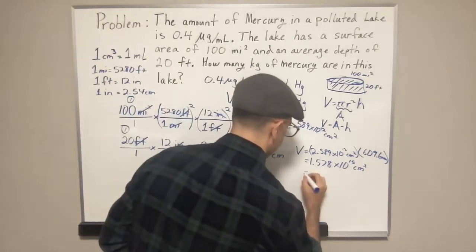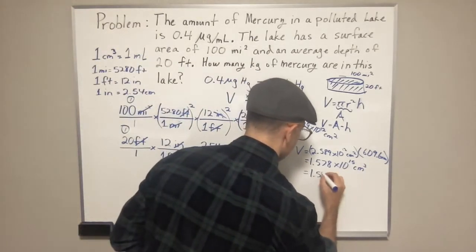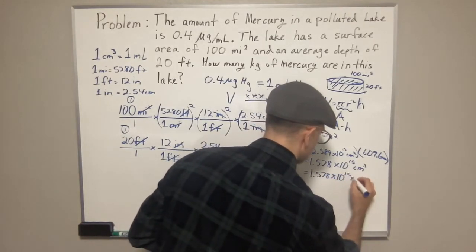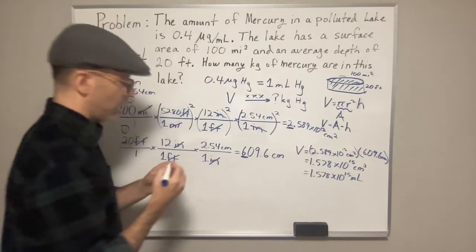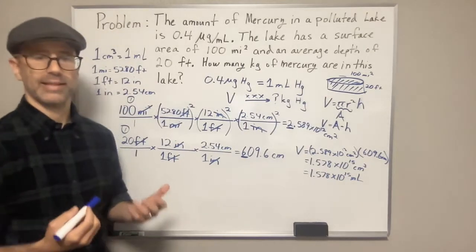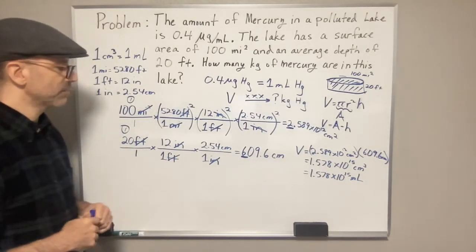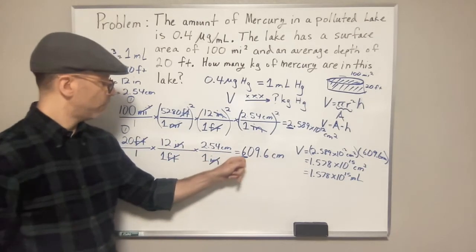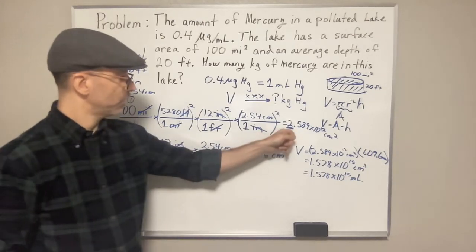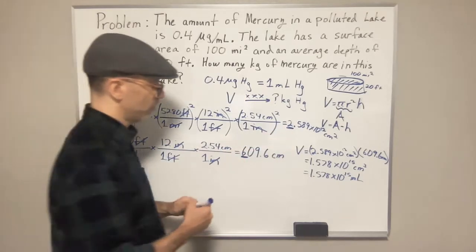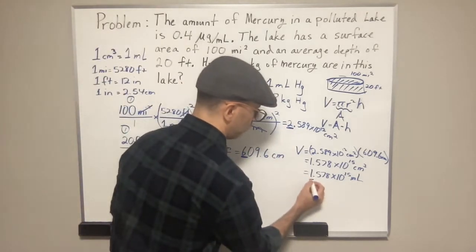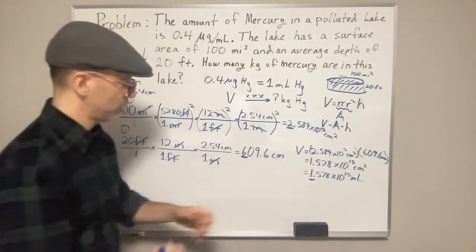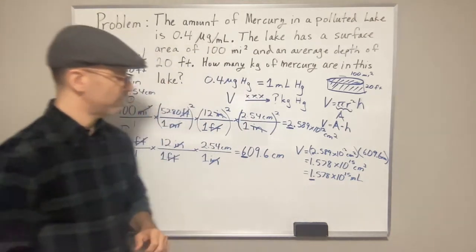So that's going to be equal to 1.578 times 10 to the 15 milliliters of water in the lake, the lake water. Okay, and again, remember that I have 1 sig fig here, 1 sig fig here. So that means in my final answer, I'm only allowed 1 sig fig. So when I get to my final answer, I need to keep track of that.